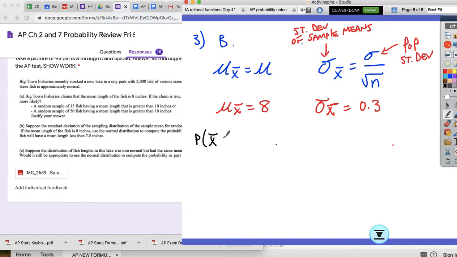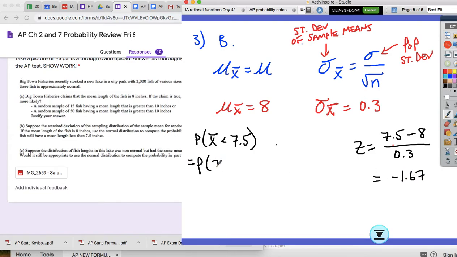So I'm finding the probability that my mean is less than 7.5. So I'm going to compute a z-score. 7.5 minus my mean of 8 divided by my standard deviation of 0.3. That z-score will be negative 1.67. So that will equal the probability that my z-score is less than negative 1.67.